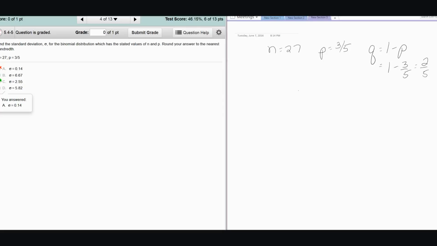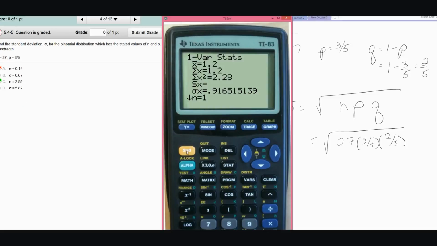Now, for a binomial distribution, the standard deviation is the square root of n times p times q. So we're going to have the square root of 27 times 3/5 times 2/5. So we'll put that in our calculator. So square root of 27. We can actually just do times 3/5.